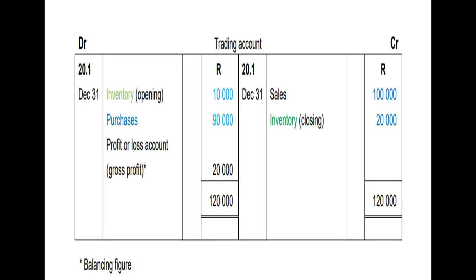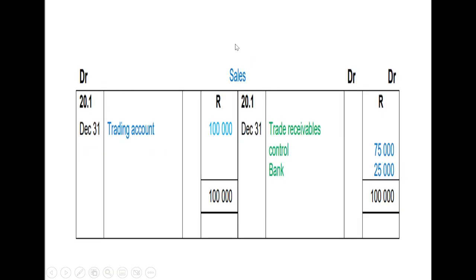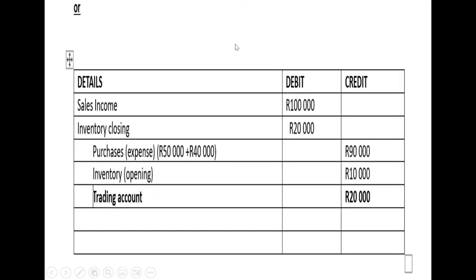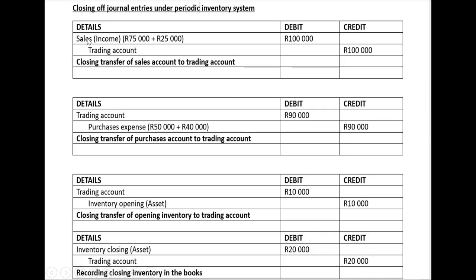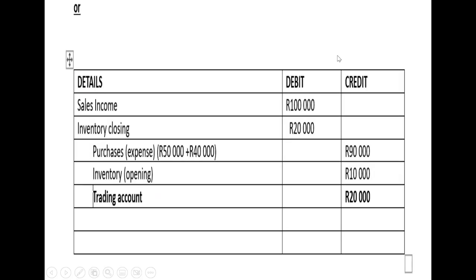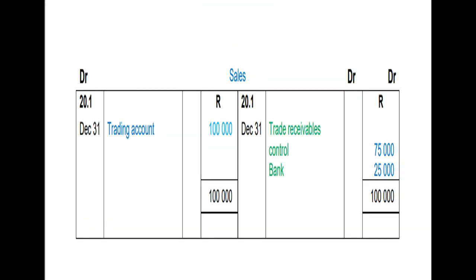Then on the trading account, already, so this is our trading account. I'll just show you quick. So remember this on the journal entries that we wrote here of closing. We said trading account is credited by 100,000. When we credited trading account, what did we debit? Sales. So we go to the credit side of the trading account.